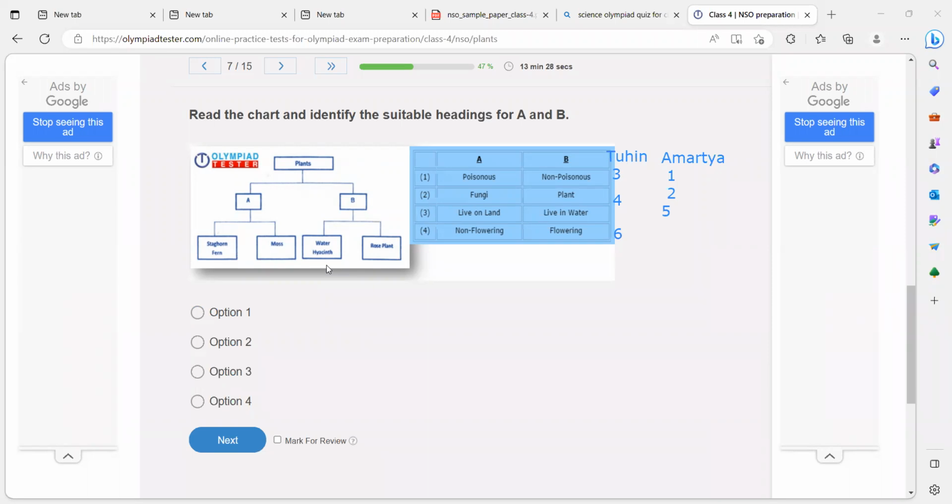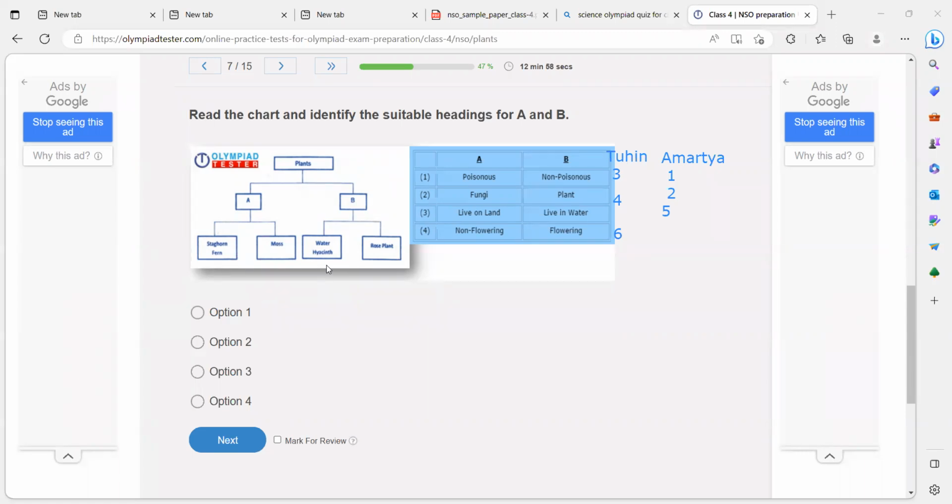Rose plant is not poisonous. Non-poisonous rose plant. Udit, it is class 4, I think. Yes, ma'am. Class 4. Yes, class 4, beta Udit.